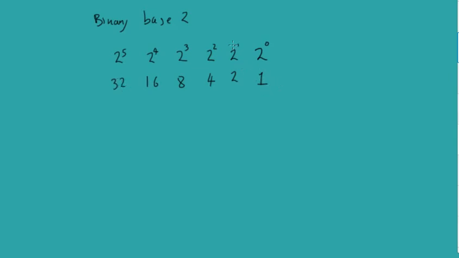So you can see in the base 2 number system, each of these digits is being doubled each time. And this is the binary number system.